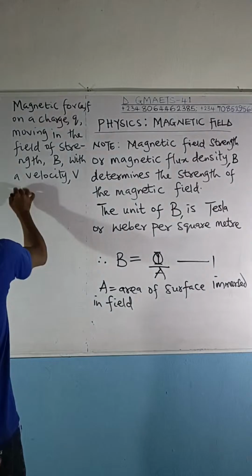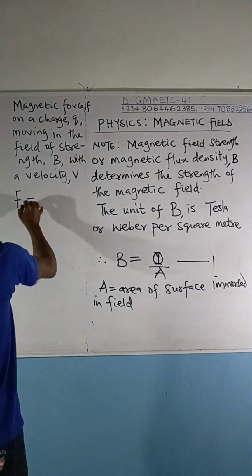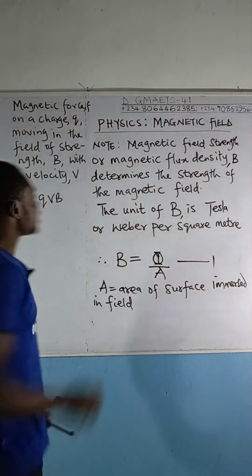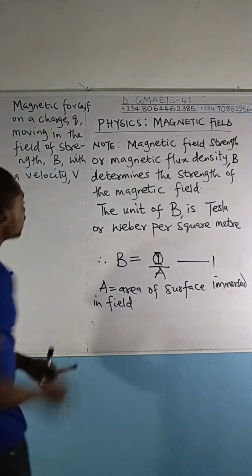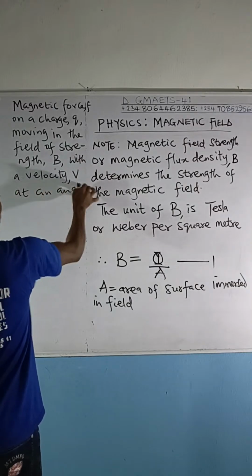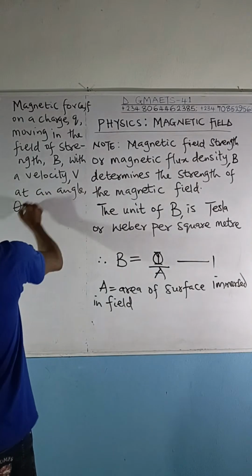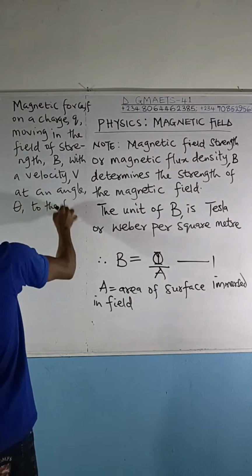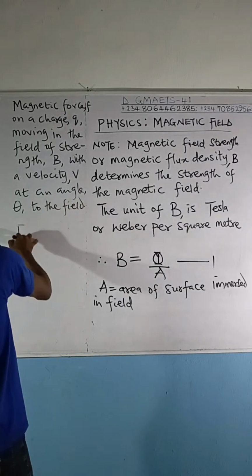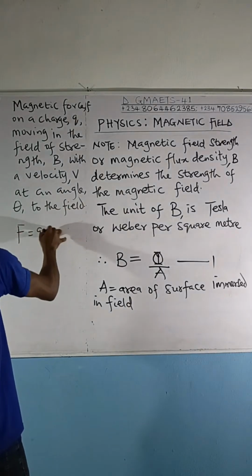In this case, the magnetic force F is equal to QVB, at an angle theta to the field. So it is given as F equal to QVB sine theta.